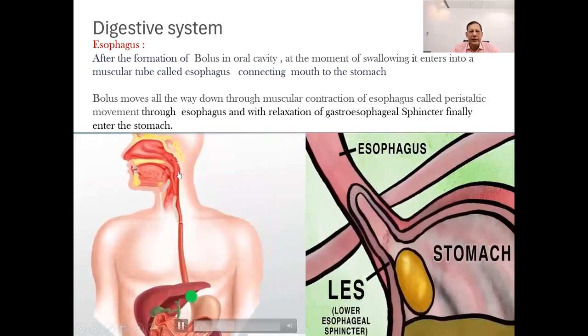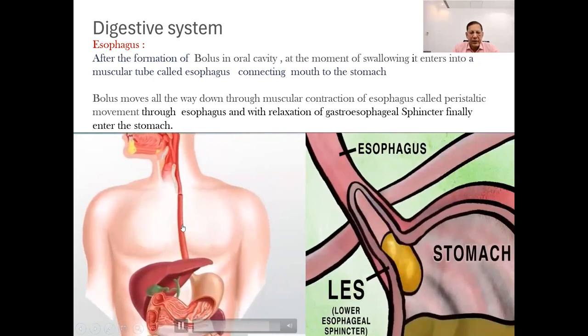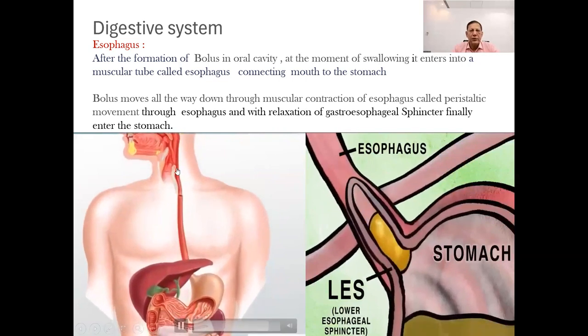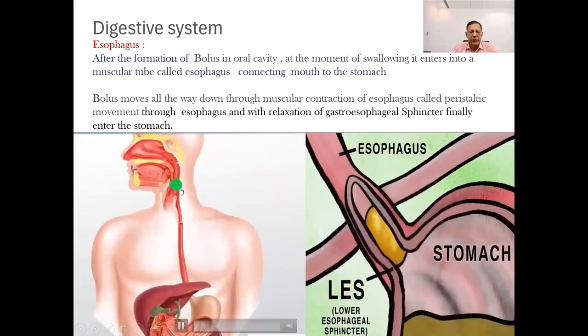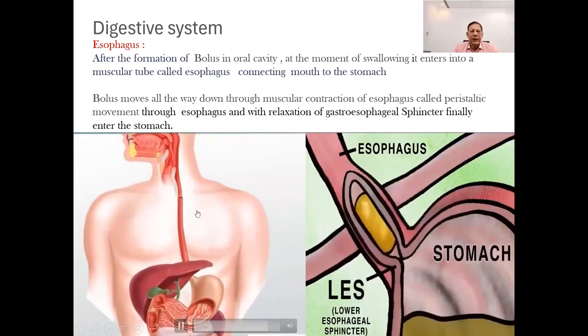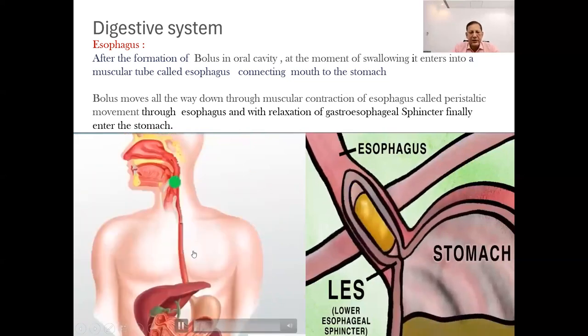So this movement of the bolus through the esophagus into the stomach occurs because of the peristaltic movement, which is basically the rhythmic, coordinated muscular movements that we will see in some slides ahead. These muscular contractions and relaxations propel the bolus through the esophagus towards the stomach.